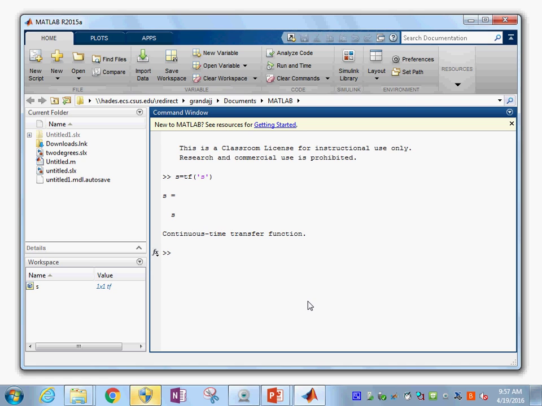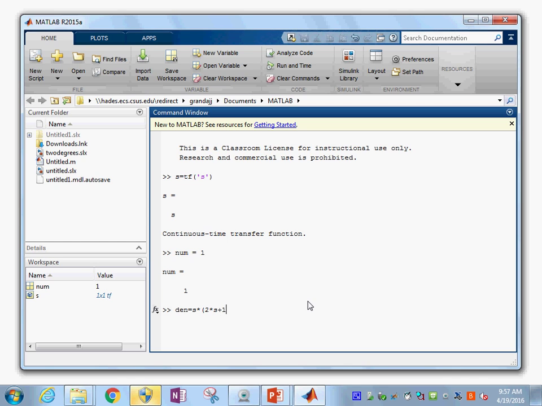Continuous time transfer function. So I'm going to say the numerator in here is 1. The denominator, however, is equal to a product of s, as you saw in here, multiplied by, what do we have? 2s plus 1.